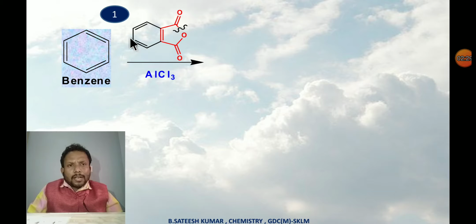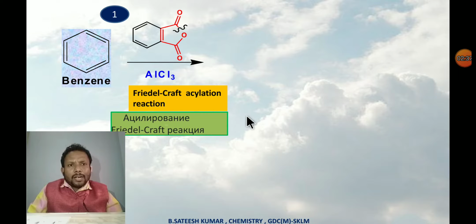See this reaction. Benzene reacts with phthalic anhydride in the presence of AlCl3. This reaction is a Friedel-Crafts acylation reaction. What is that? It is a Friedel-Crafts acylation reaction. How does the anhydride generate an electrophile? This oxygen of the anhydride bonds with aluminum, then the oxygen has a positive charge.